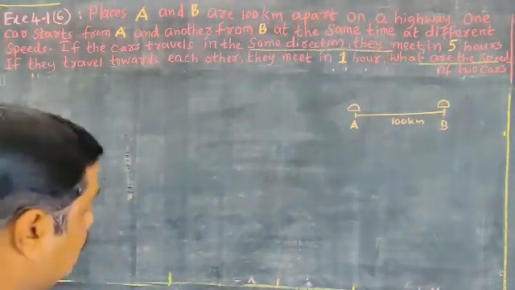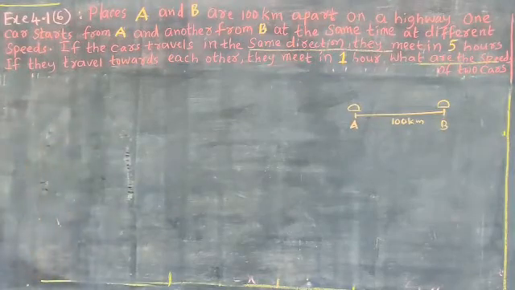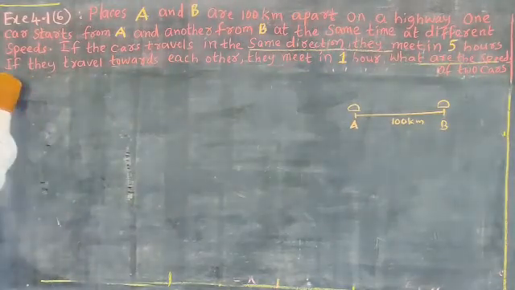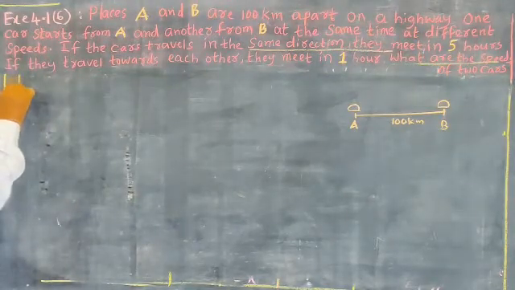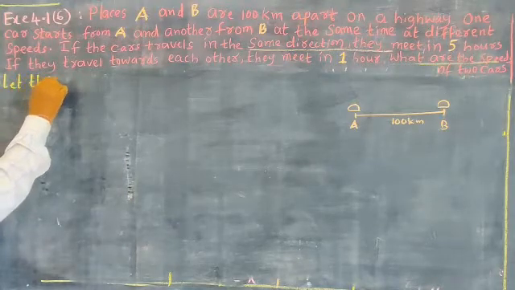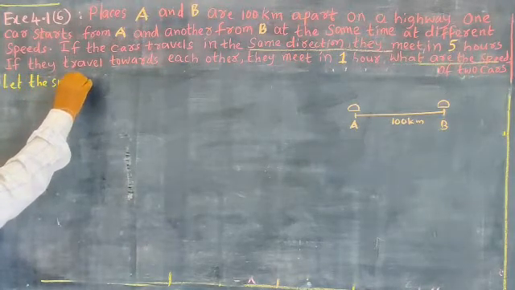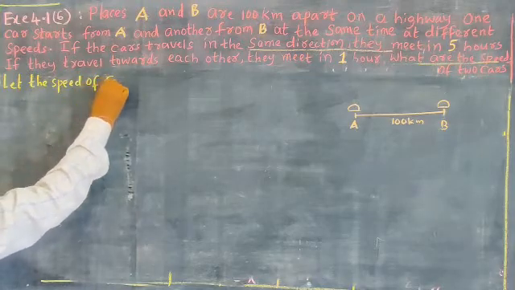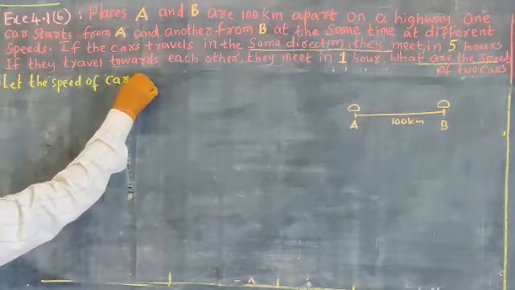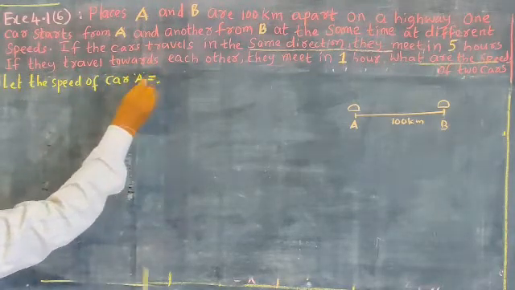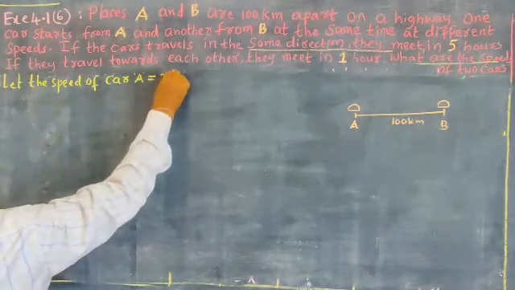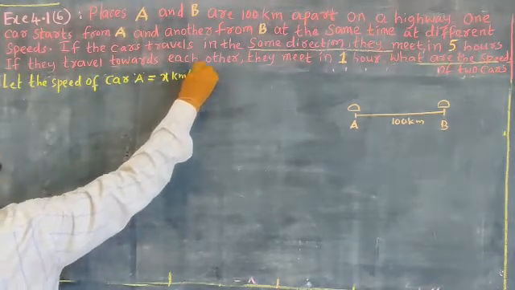We need speeds; they are the variables. That's why let the speed of car A, simply I am calling it car A, be x kilometers per hour.